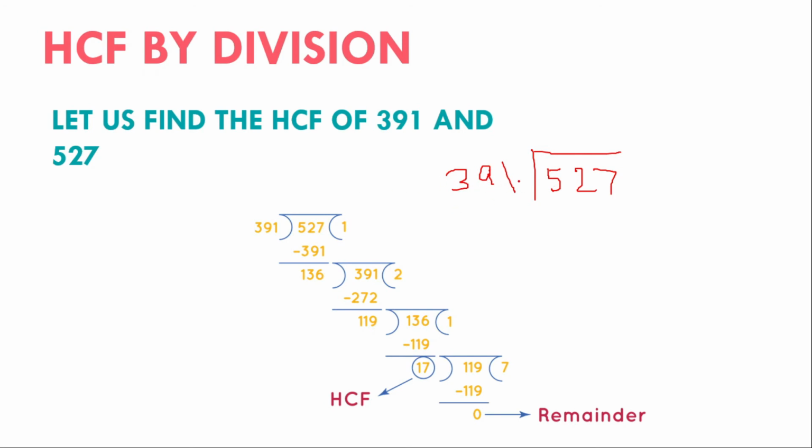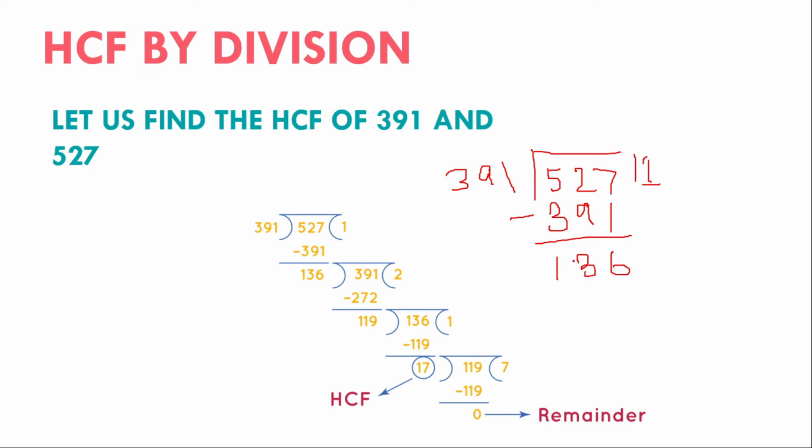So 391 is divisible only one time in 527. So let us write that down. After we have divided, let's subtract them. So when we subtract, we will get the answer as 136. So the quotient was 1.